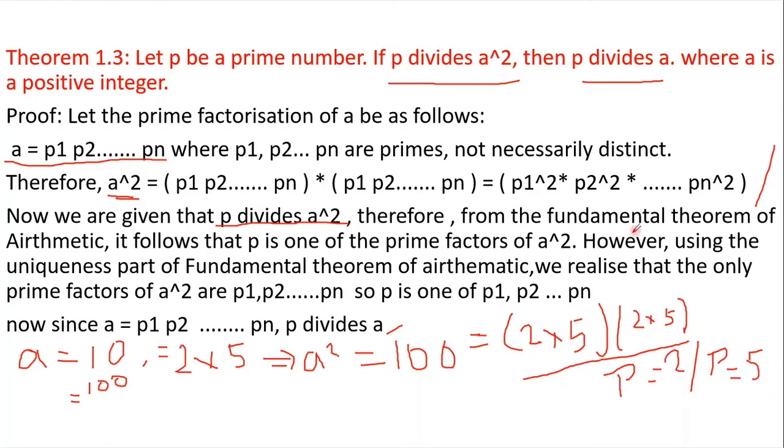Now, however, using the uniqueness part of the fundamental theorem of arithmetic, we realize that the only prime factors of A square are P1, P2, P3 and so on. Hence, P also divides A. See, in the first statement, if A square is divided by P, then P is one of the elements of these two factors, that is, either P must be 2 or P must be 5.